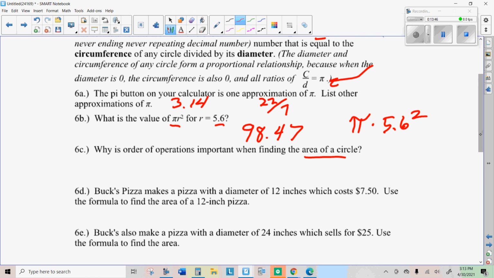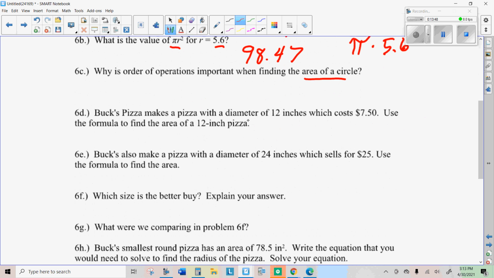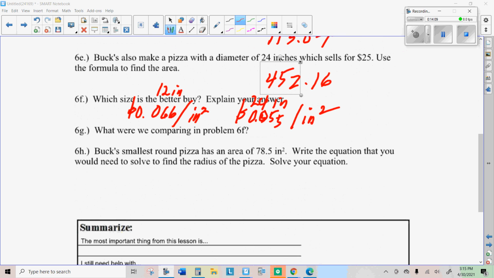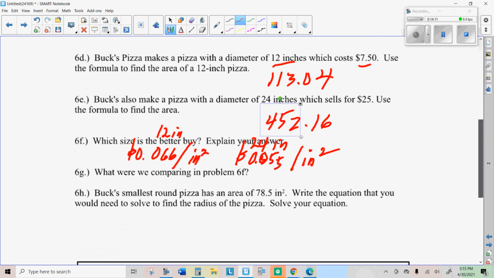All right. Buck's Pizza makes pizza with a diameter 12 inches, which costs $7.50. Use the formula to find the area of a 12-inch pizza. Go ahead and try to answer these questions. See if you could figure out which is a better buy and why. All right, so I think it's better to buy the bigger pizza.